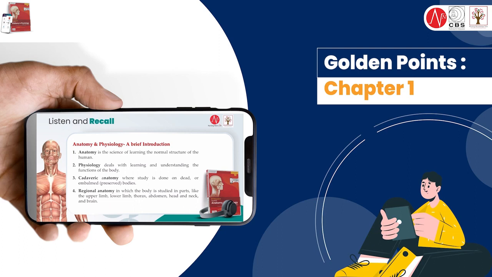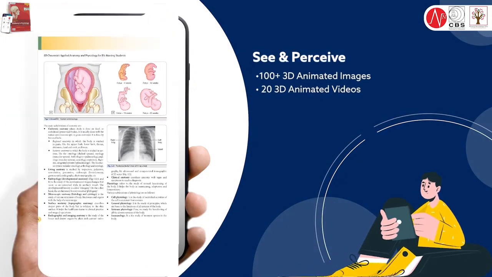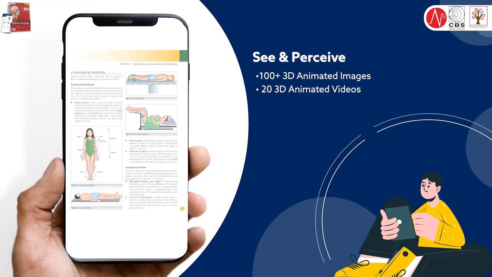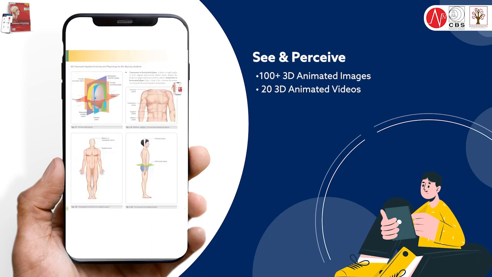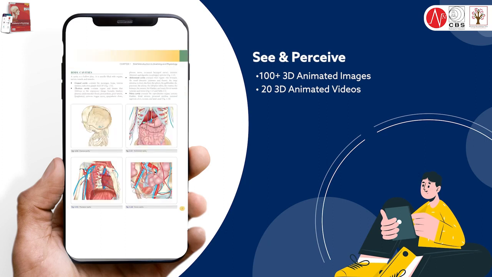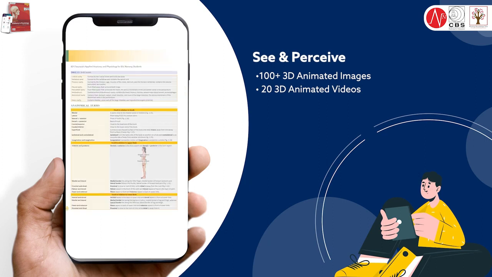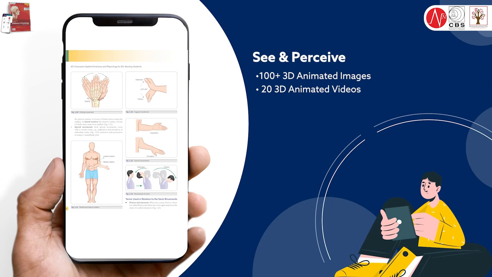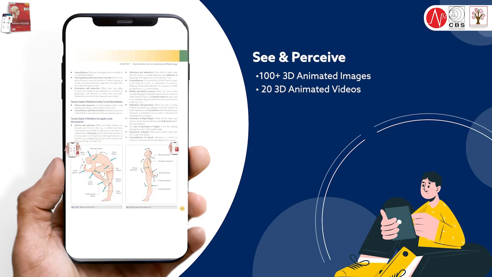Moving to the unique super feature that is the See and Perceive section, which showcases 3D animations to make complicated topics easier in an engaging and interactive manner. The whole book has 1,000+ illustrations, from which important 100 3D animated models are given in this section, with proper labeling and proper description to give real-time experience.